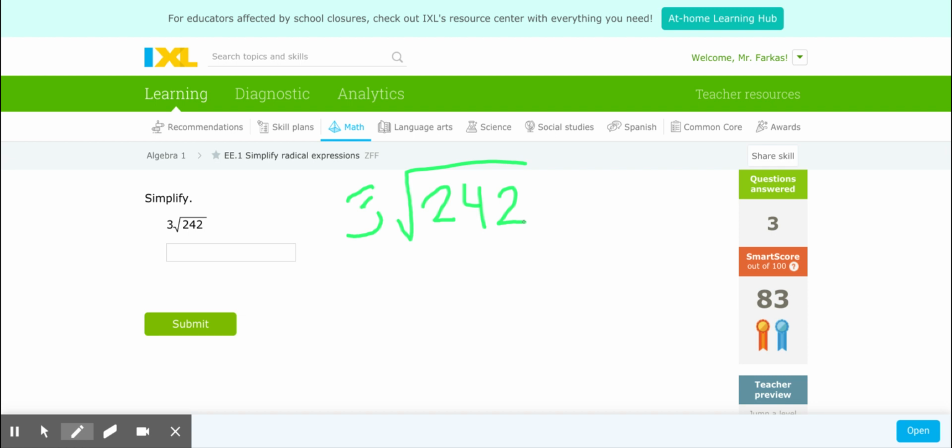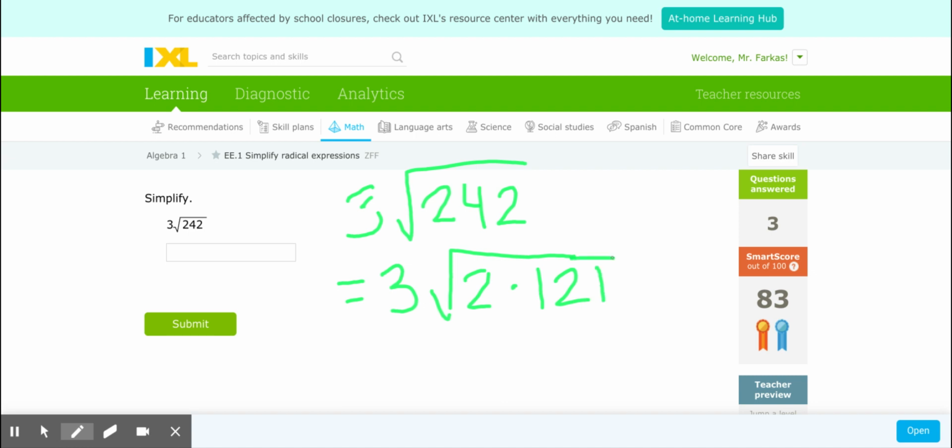The whole thing can be divided by 2. So let's rewrite this as 3 times the square root of 2 times, well, let's see, what would we multiply 2 times to make 242?